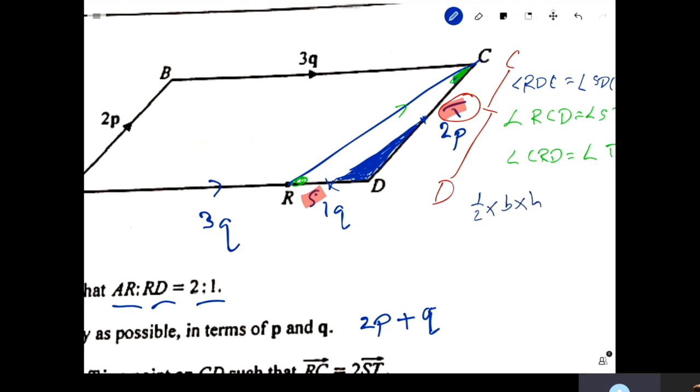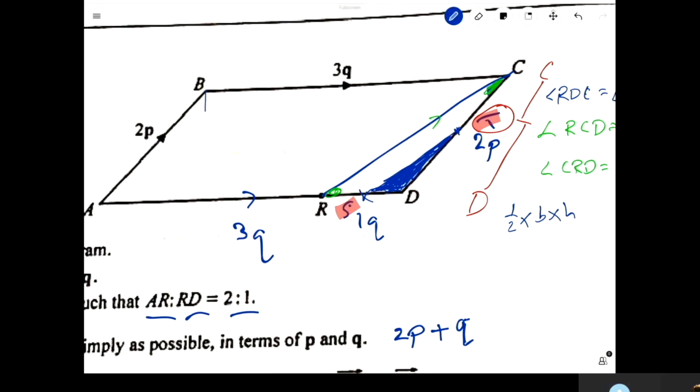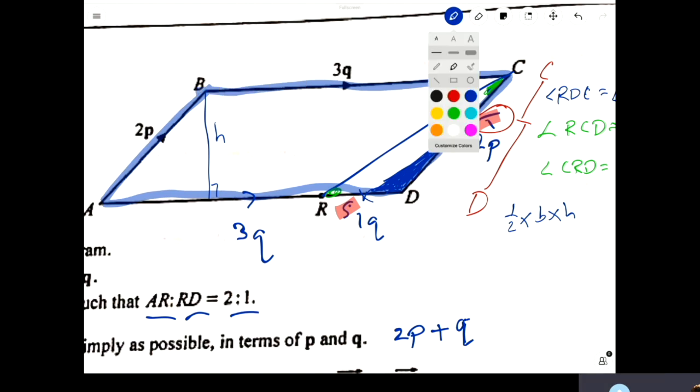Now let's say I want to find the area of the parallelogram. What's the formula for the, let's say this is h. Parallelogram, the whole thing, A, B, C, D. Why need half?